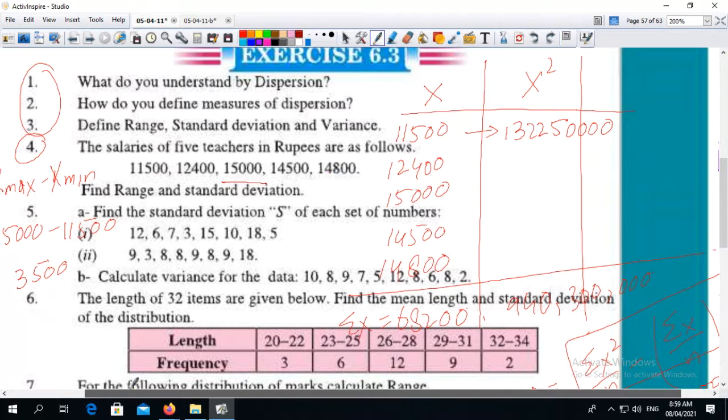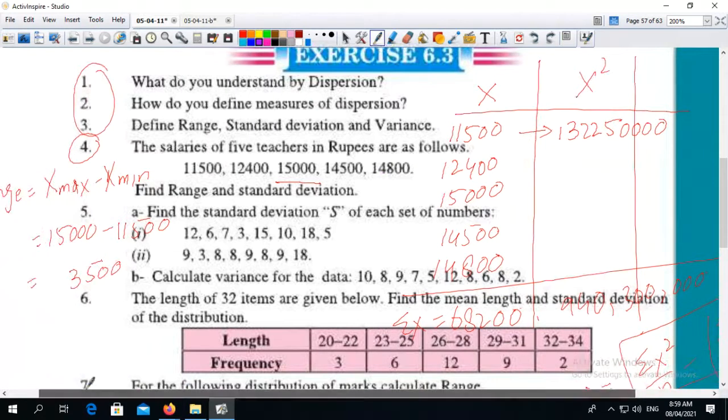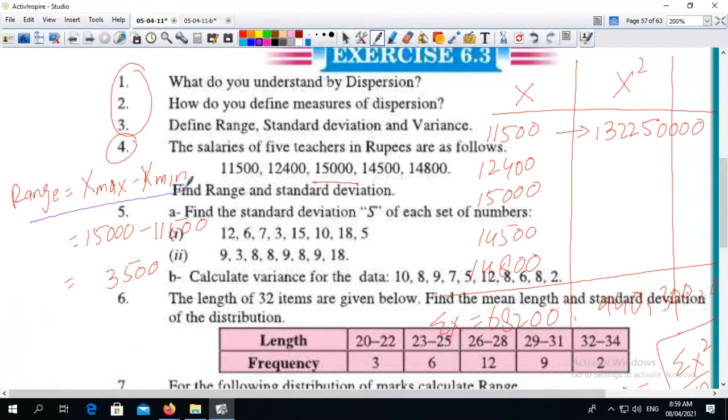Range is maximum minus minimum. The maximum value is 1500 and the minimum value is 11500, so the difference of these is called range.